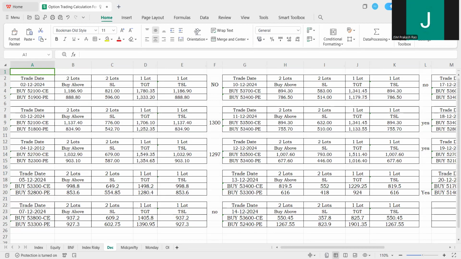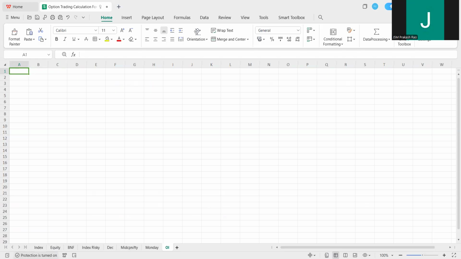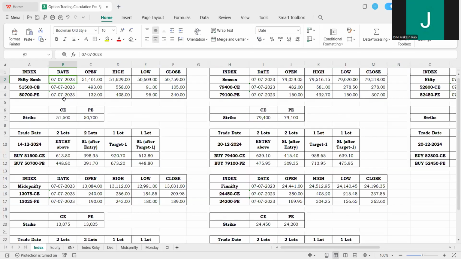All that will be put into the Excel sheet here. I'll put in the open, high, low of the previous day, and then the particular strike price, or rather which strike price is good to trade that day, or where momentum is there, it will give me the data.